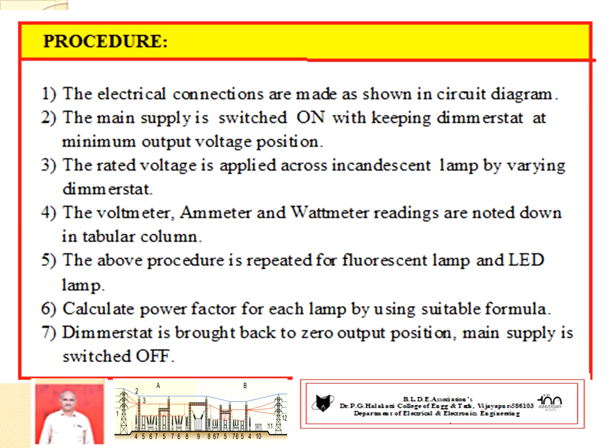So the next part is the procedure. The electrical connections are made as shown in the circuit diagram. Next, the main supply switch is switched on with the thermostat kept in minimum output position, and the rated voltage is applied across the incandescent lamp by varying the thermostat.